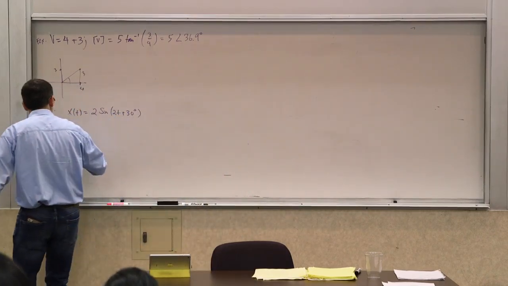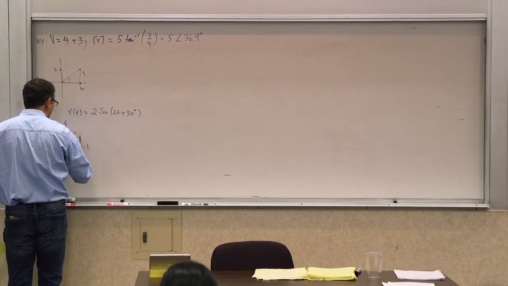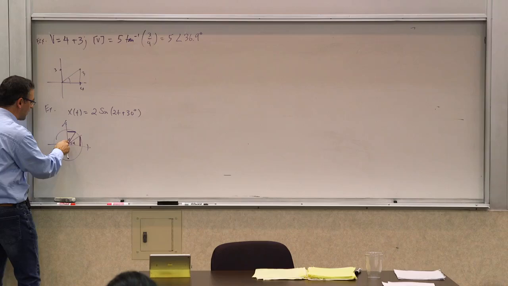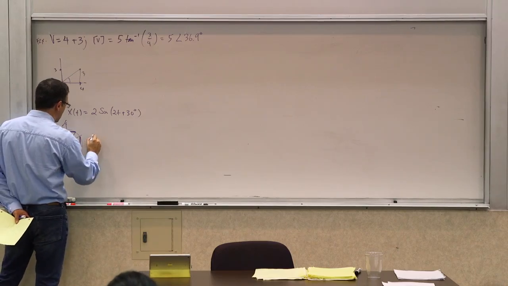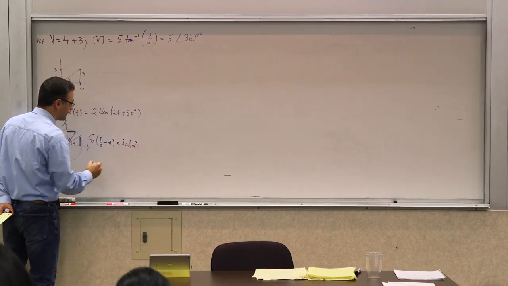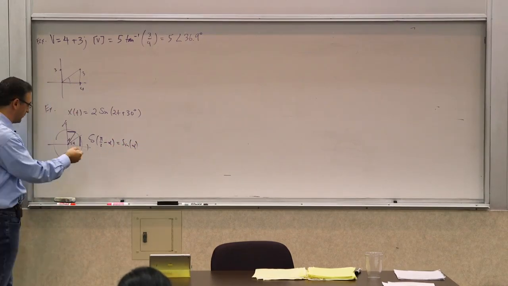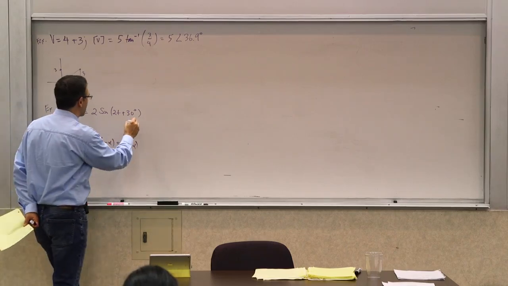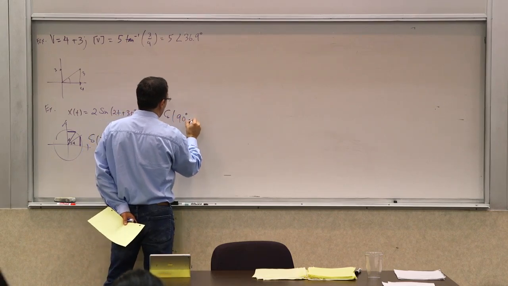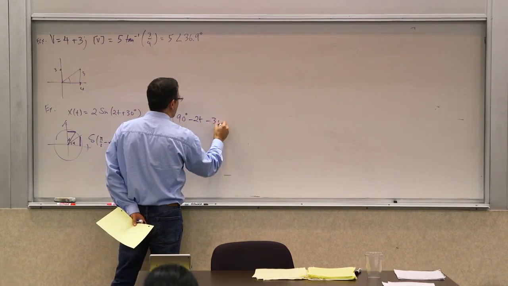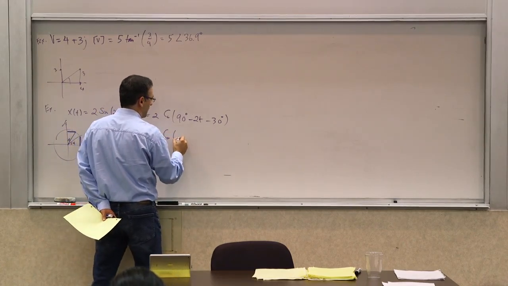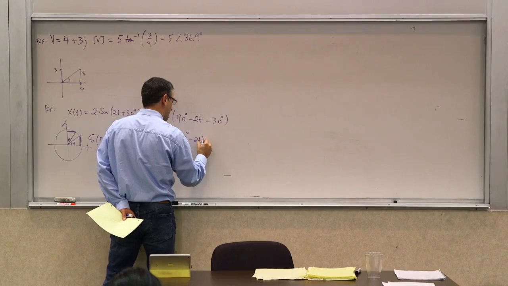Do you agree that if this is alpha, cosine of pi over 2 minus alpha is the sine of alpha? And likewise, the other way around. So I can play with that by saying that this is really cosine of 90 degrees minus 2t minus 30 degrees, which is 2 cosine of 60 degrees minus 2t.